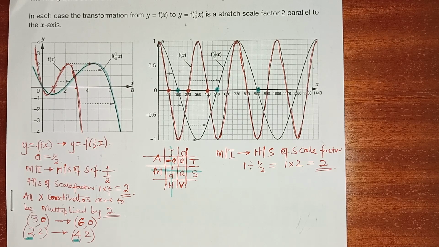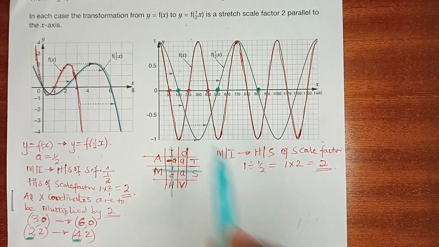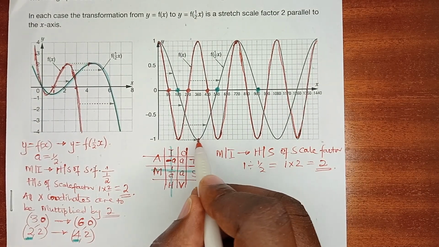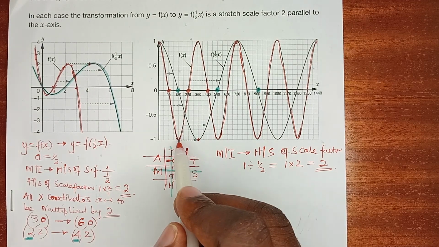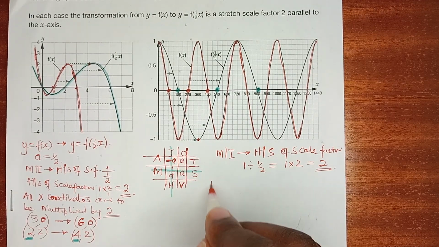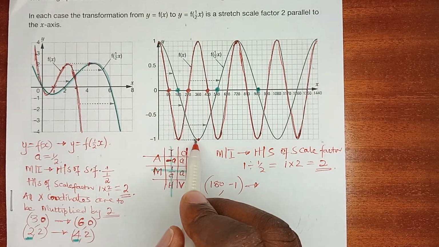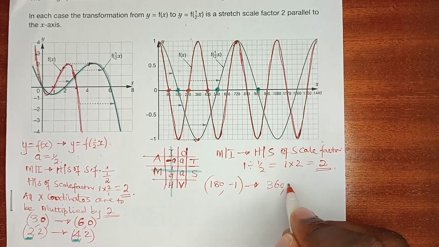That is why a point which is originally, let's talk about this, 180, negative 1, is transformed to this point, which is 360, negative 1.